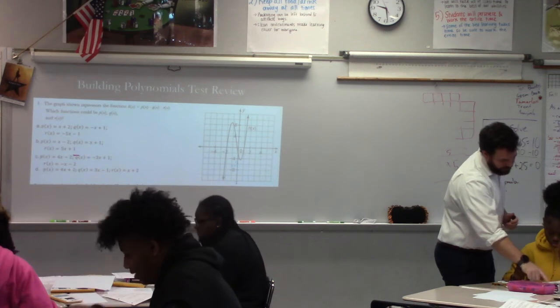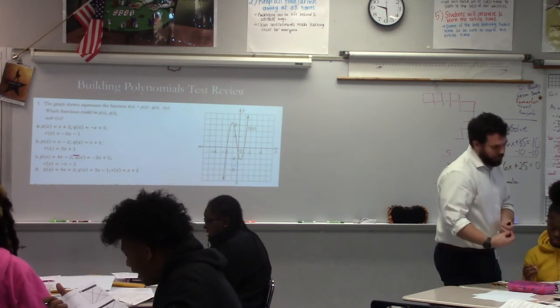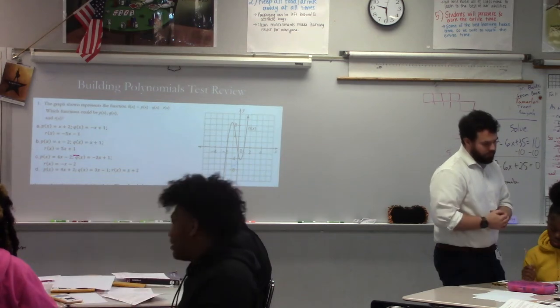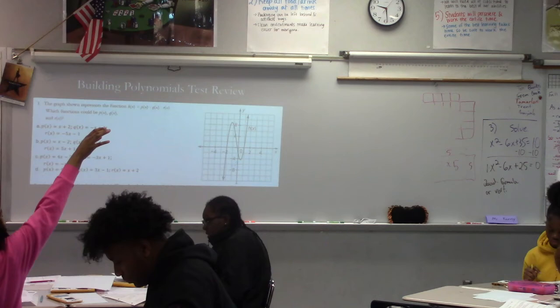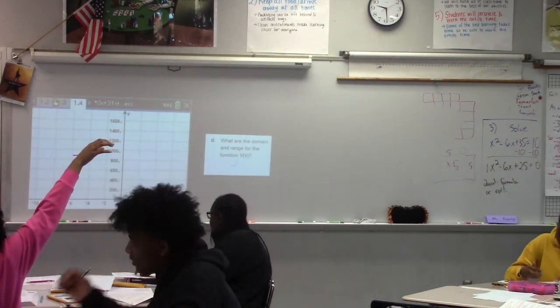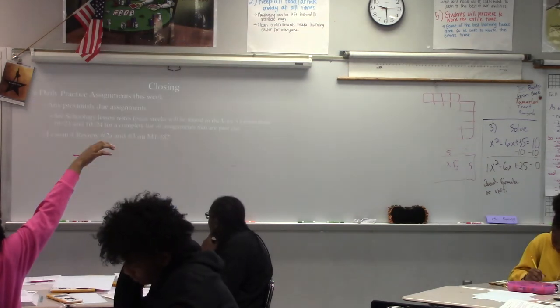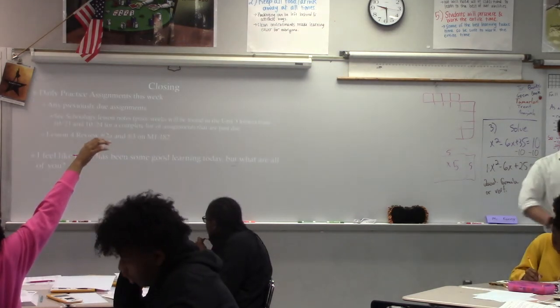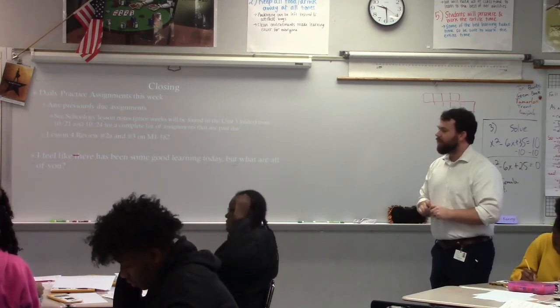You got x equals 1 twice, but that doesn't have a multiplicity of 2. That's the whole point: what are the zeros and what are their multiplicities? What is your reasoning for A? Why is it not A?